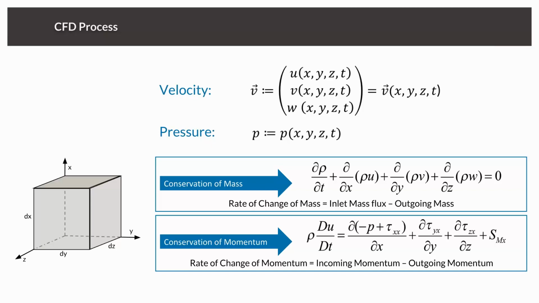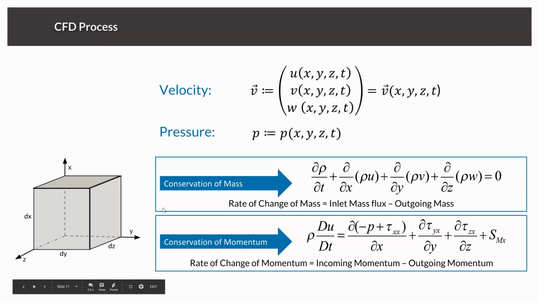What we do instead is we transfer this analytic problem into an algebraic problem, which means we simplify it. And how do we simplify it? By using so-called control volumes. Instead of calculating the velocity and pressure field of our fluid flow for an infinite number of small points and an infinite number of time steps, we will only calculate velocity and pressure for so-called cells.